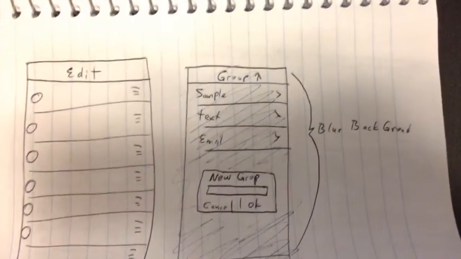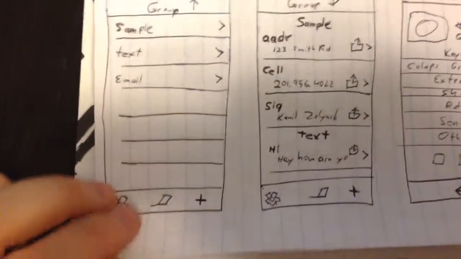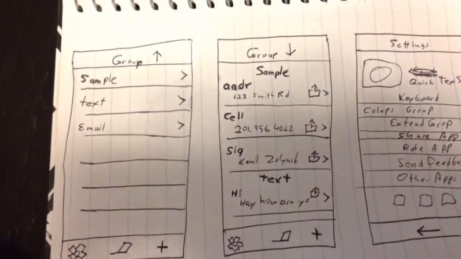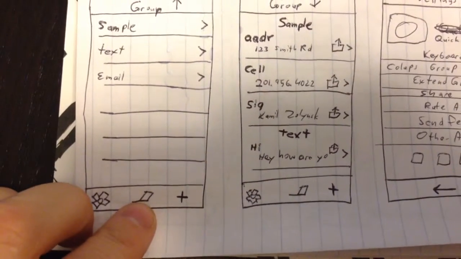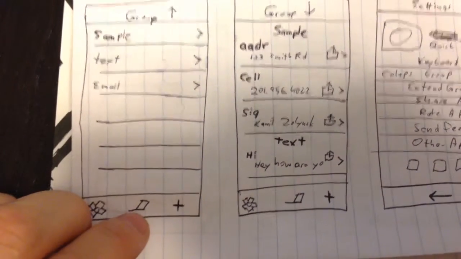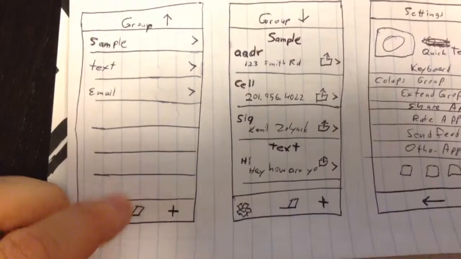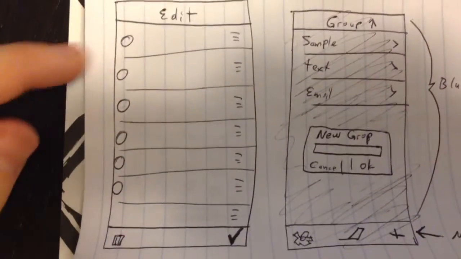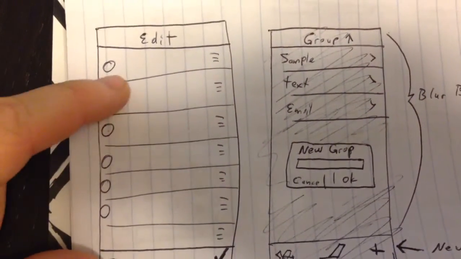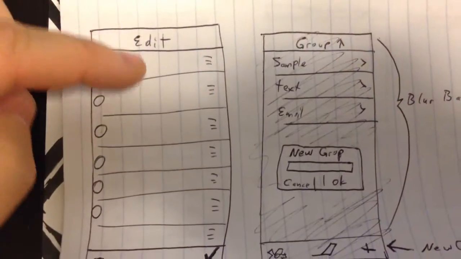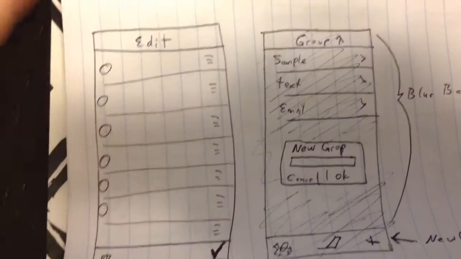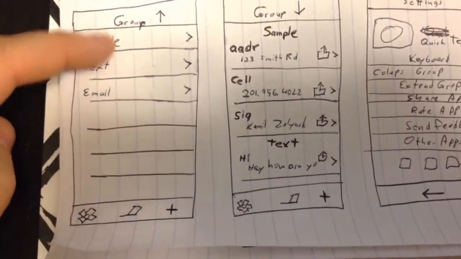So now if a user clicks on the edit button, which is this right here, the little pencil with the eraser or whatever, they click on this button, then they could edit their text or their groups or the text that's visible here.